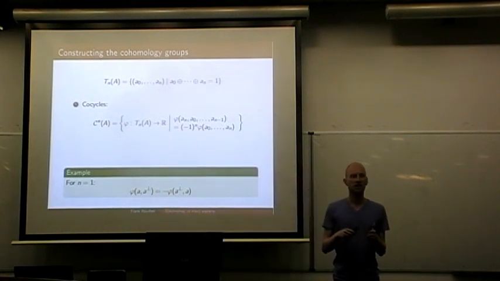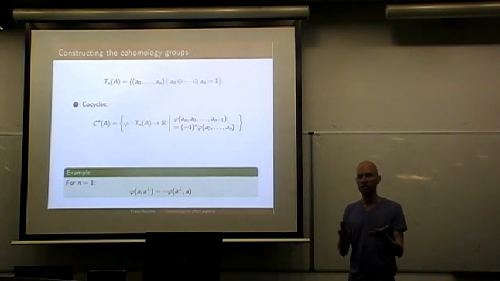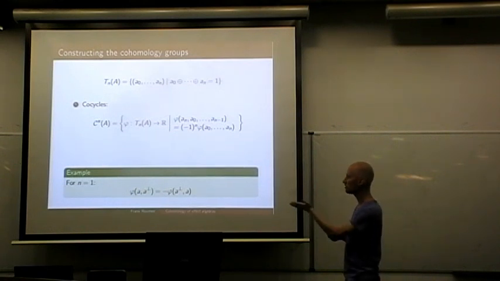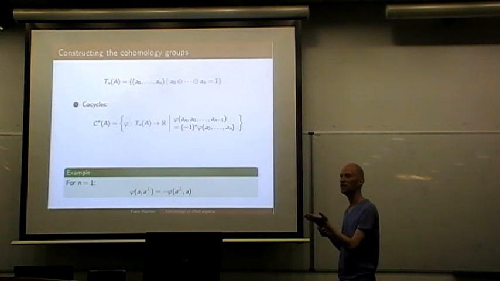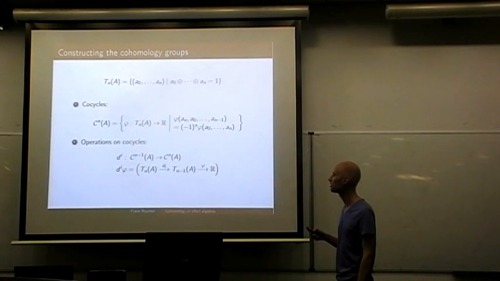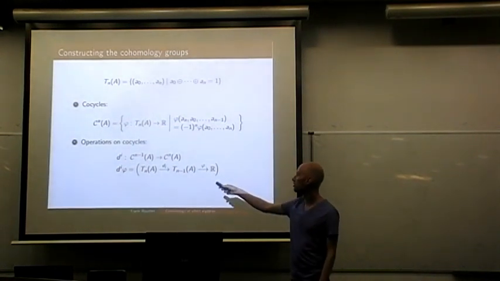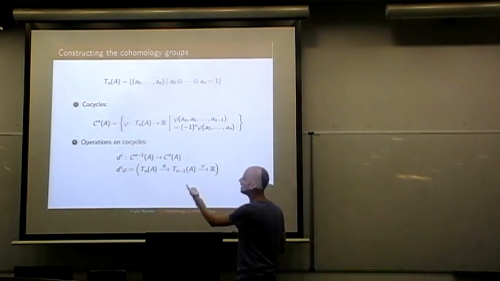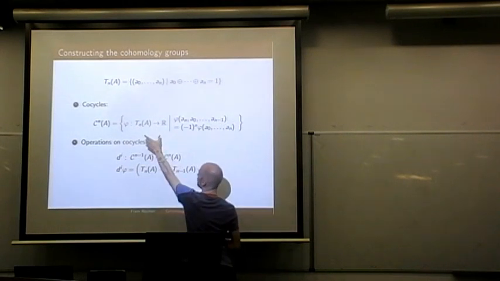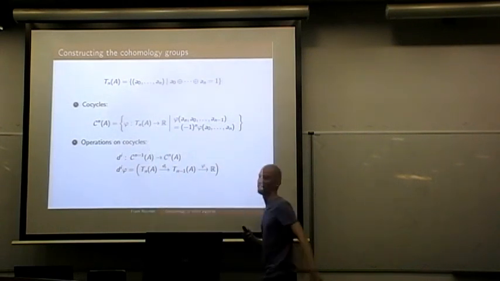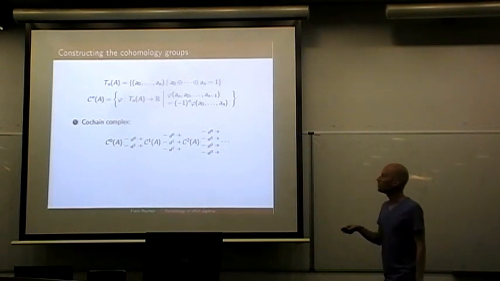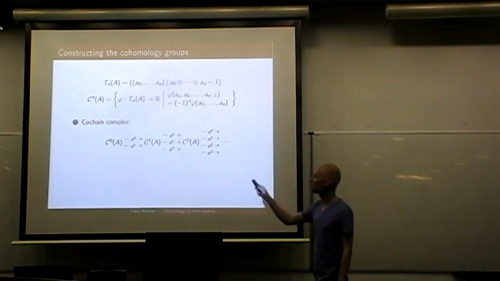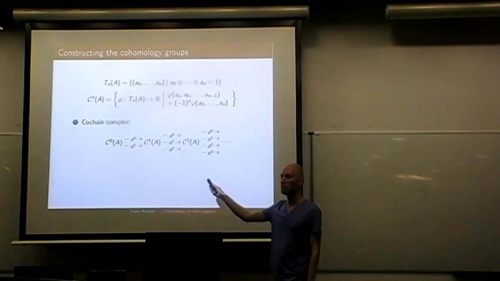So by looking at the operations on tests, we encoded the addition of the effect algebra, and by looking at cocycles, we encode the orthocomplement of the effect algebra. In this way we get more information. And then the operations on tests can be dualized to operations on cocycles. If we have a map from Tn to Tn minus 1, then this is a kind of dual, so we get a map from n minus 1 to n. That means that we have those sets of cocycles and lots of maps between them.